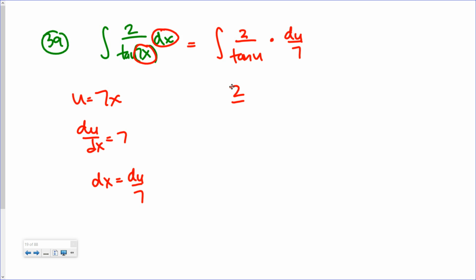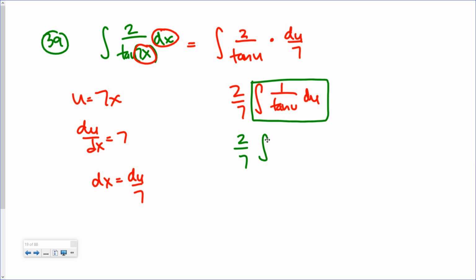So if I take out the scalar, what I get here is 1 over tangent u du. And this must be something that is on my formula sheet. Is it? Well, not in this form, but isn't 1 over tangent the same thing as cotangent? And cotangent is on my formula sheet.